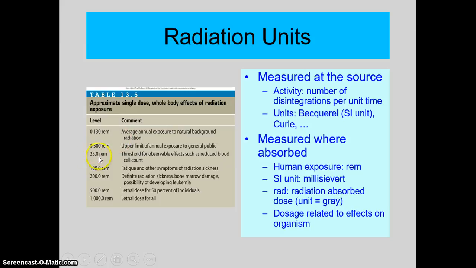I mean, at 25, they might get sick, they might not. When you get up to 500 rem, about half the people will die. And at the level of about 1,000 rem, no human can handle 1,000 rem.